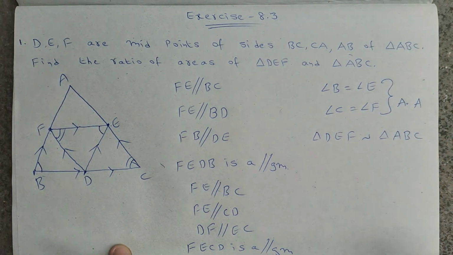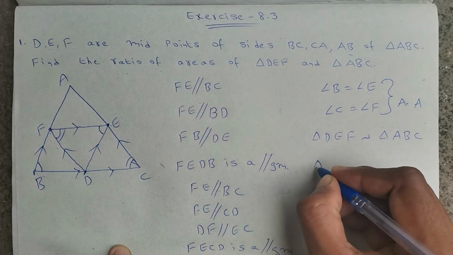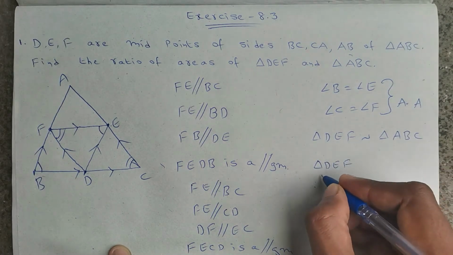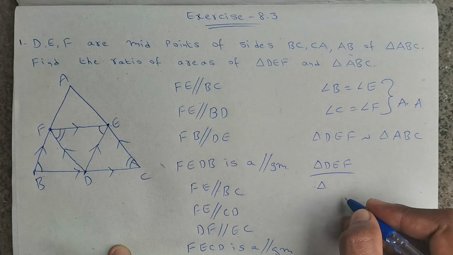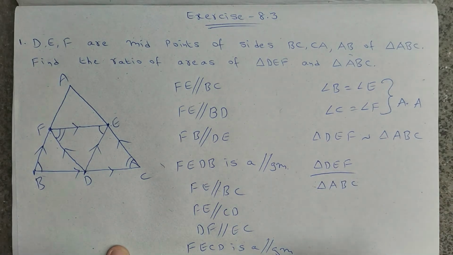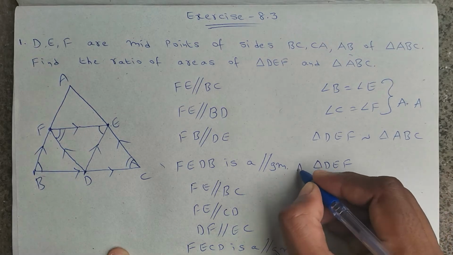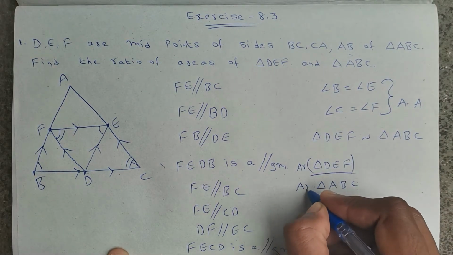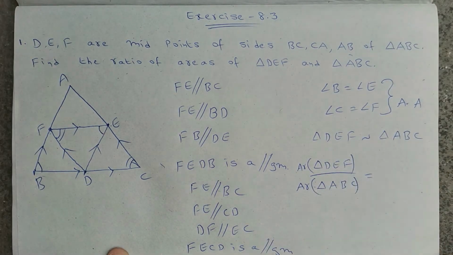Now we need to find the ratio: area of triangle DEF divided by area of triangle ABC. We know very well that the area of one triangle divided by the area of the second triangle is equal to the ratio of the squares of the corresponding sides.